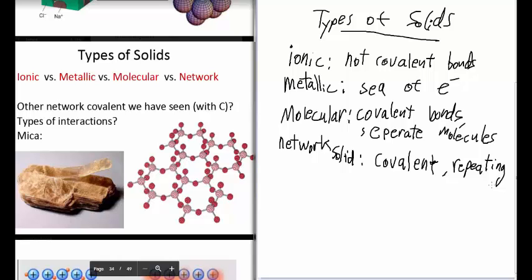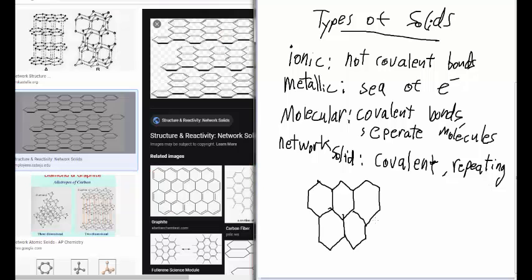And then what's new here is a covalent network solid. In this case, the atoms are covalently bonded together, so between each two atoms there are two shared electrons. But similarly to ionic compounds and metallic compounds, there is a repeating lattice structure.